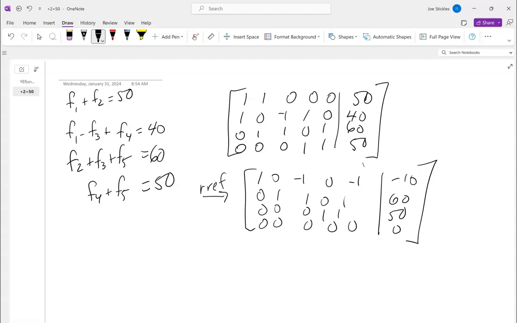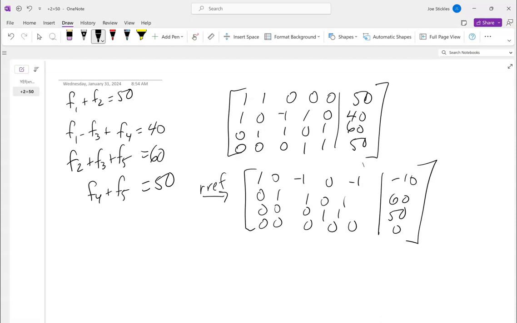All right. So the last row where we have the row of zeros, that's telling us that it's still consistent, right? There's no issues with inconsistency here because the last row tells us that 0 equals 0. However, we do notice that we get infinitely many solutions here because we certainly have only 3 rows that have pivots in them.